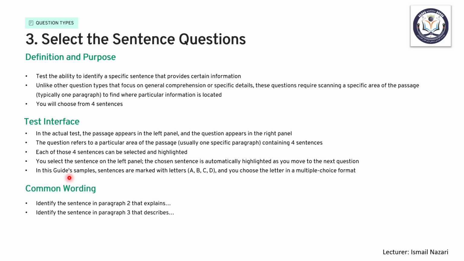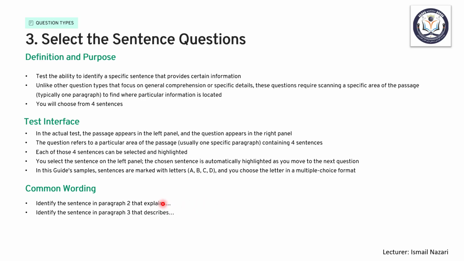How it is worded is another thing we need to focus on. The select the sentence question is usually worded as follows. It might say, identify the sentence in paragraph 2 that explains, and then the idea is provided here.